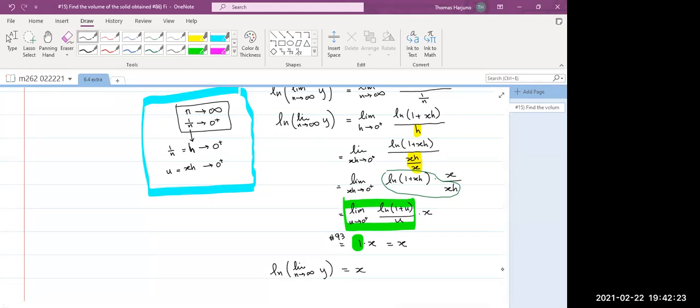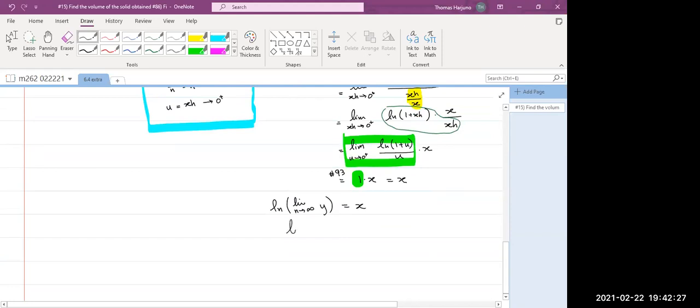Then changing it back to exponential form, the limit as n goes to infinity of y is e to the x. Therefore, the limit as n goes to infinity of (1 plus x over n) to the power of n is equal to e to the x.